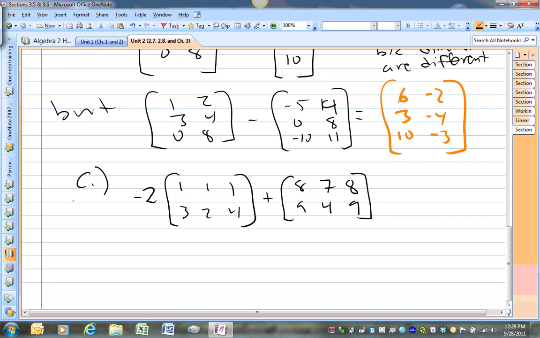Notice how there's a negative 2 right here. So this is what we call a scalar multiplication. We're basically going to scale up each number inside the first matrix, by negative 2, meaning you're going to multiply by negative 2. So it's like distributing.